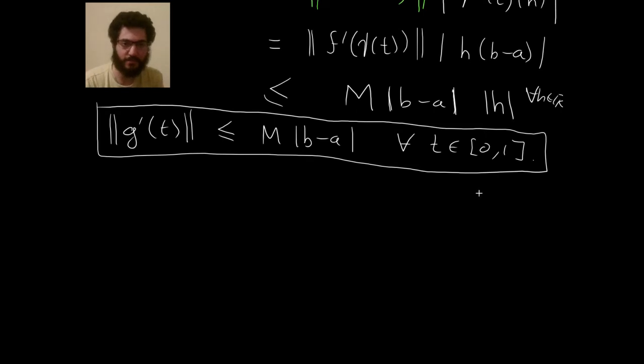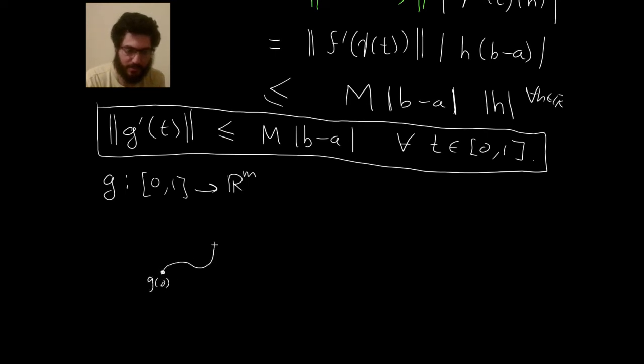So there's a nice picture to go with what's happening here. Since I keep scrolling the screen here, let me remind you the type of thing g is. It's this. And so g of 0 starts somewhere, and it's a path inside Rm. So let's pretend that we're looking in Rm here, and then it ends at g of 1.